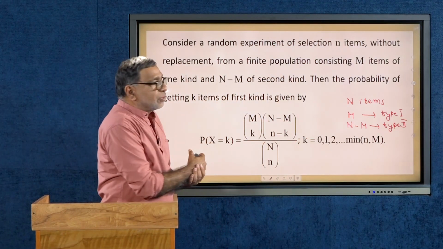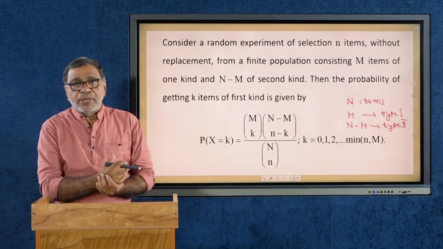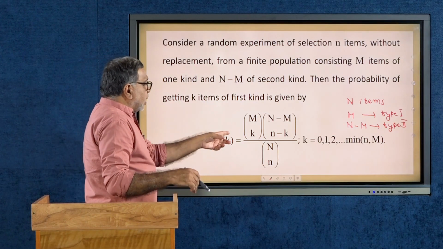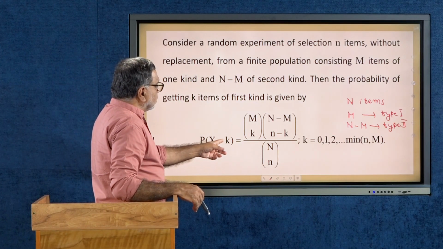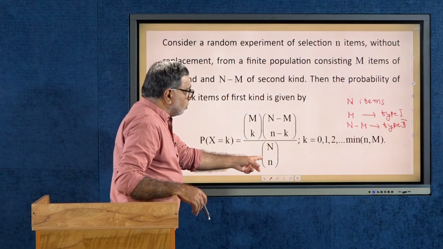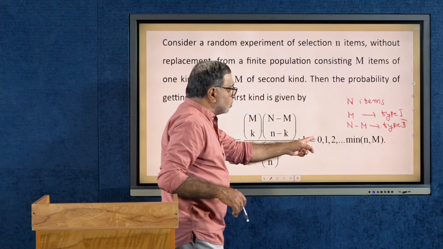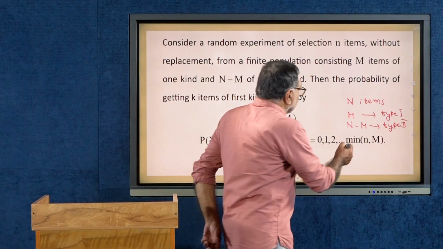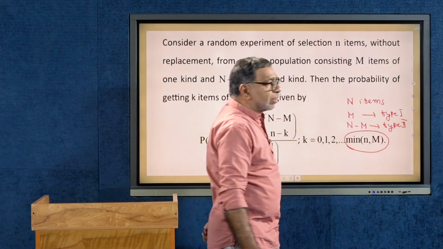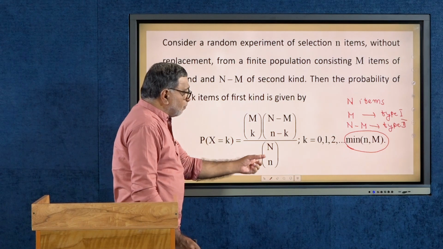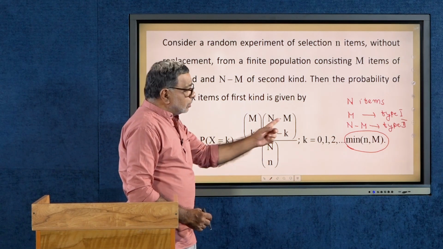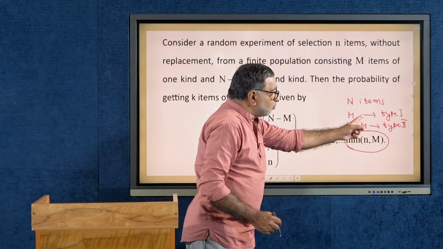So probability of X equal to k is equal to M C k, N minus M C n minus k, divided by N C n, where k is equal to 0, 1, 2, etc., up to the maximum value, which is the minimum of the number of items selected, n, or capital M, that is the first type.